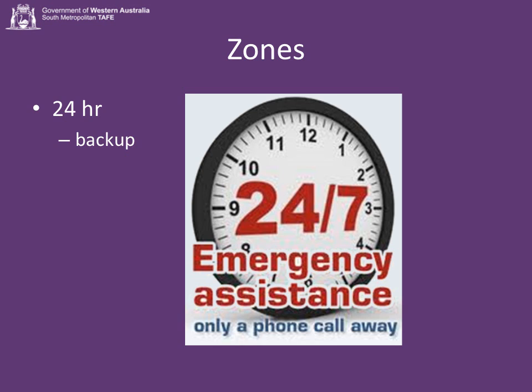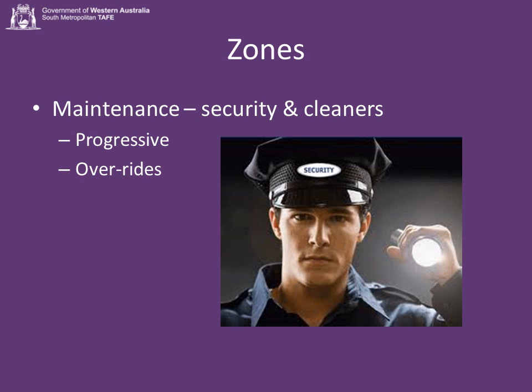That way, we don't have to run the entire air conditioning because we have a few 24-hour zones. Remember that there's always people working somewhere. Even when the office staff go away, there's going to be security people. There are going to be cleaners there. We need to think about supplying air to those people. Maybe there should be some sort of override system to allow air for the cleaners.